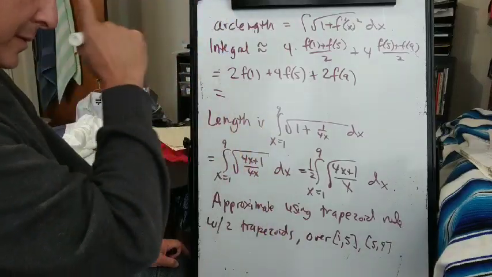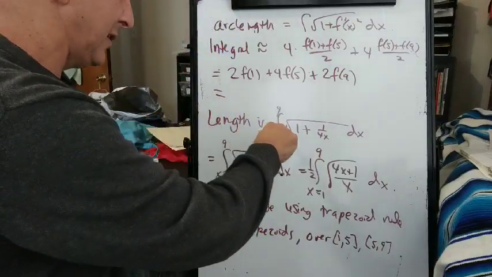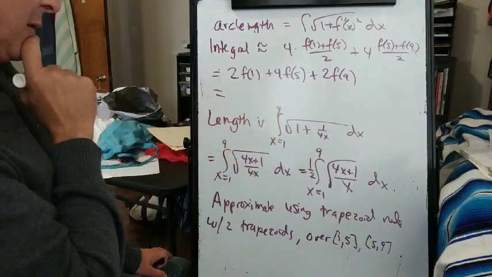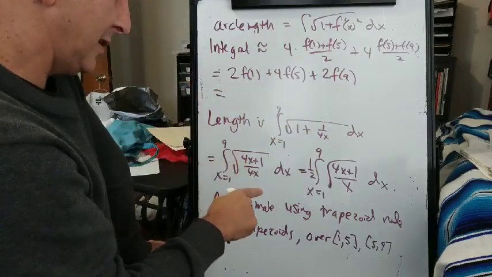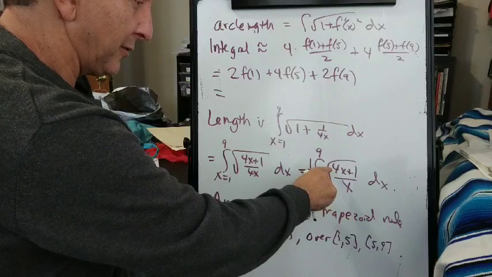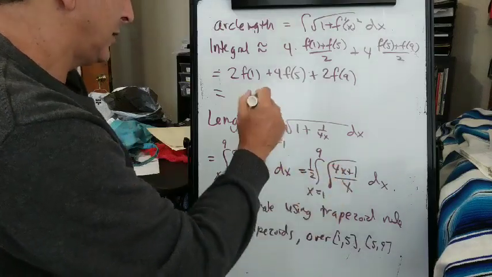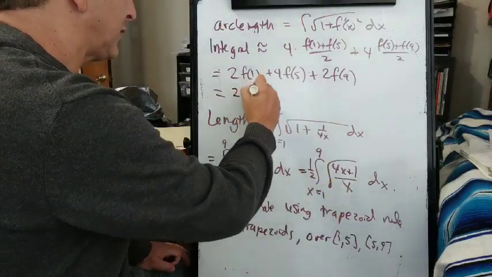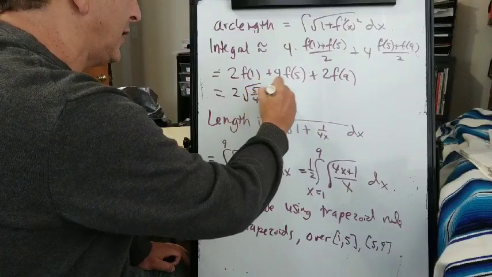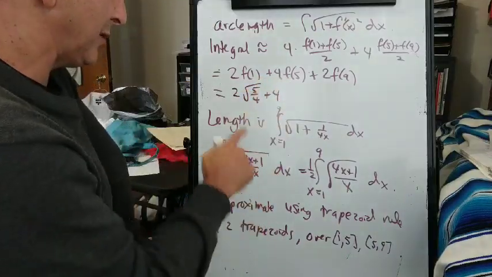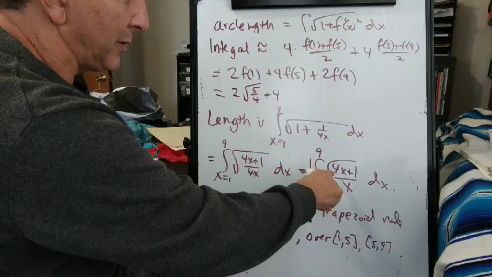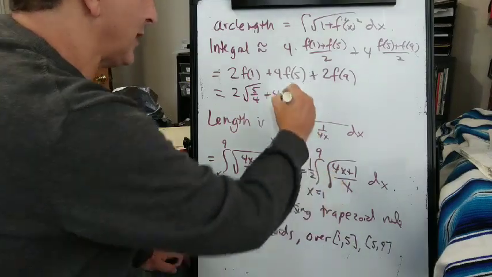Alright, now if we plug in these values to the function here that we want to integrate, f of 1, let's use this expression, is 5/4. 2 times square root of 5/4 plus 4 times square root of, if we plug in 5, we've got 21 over 5.